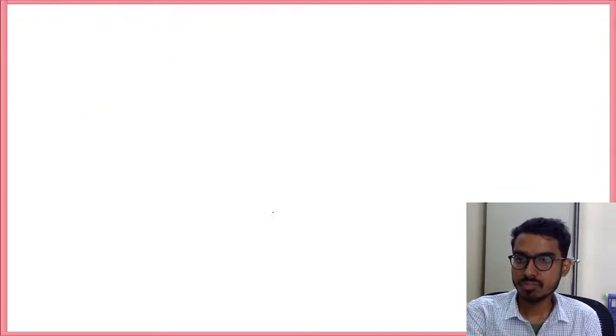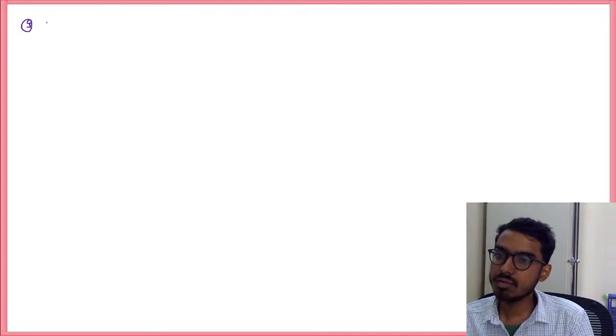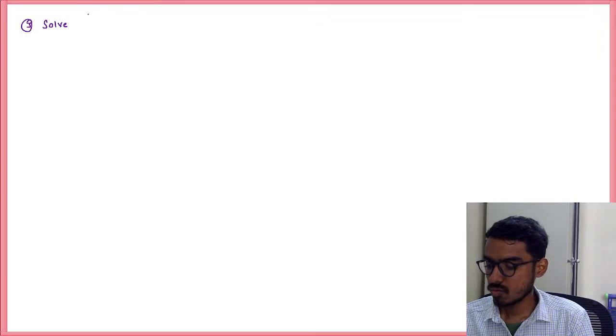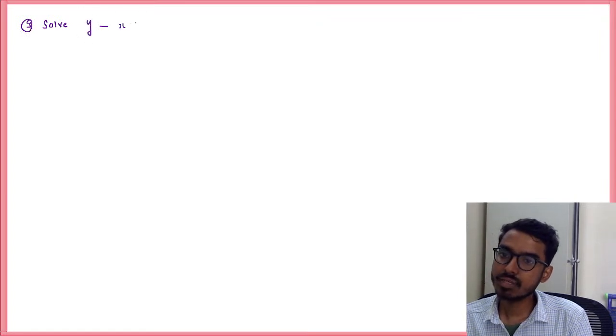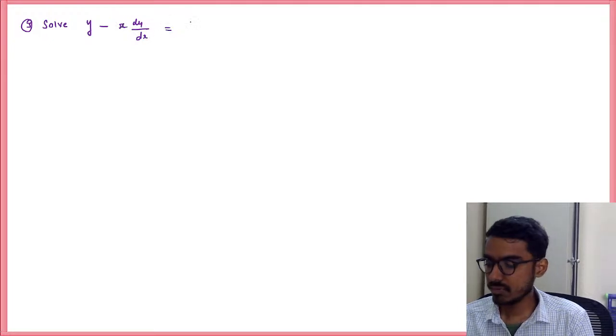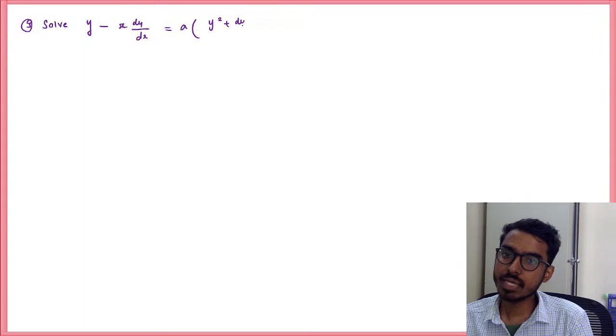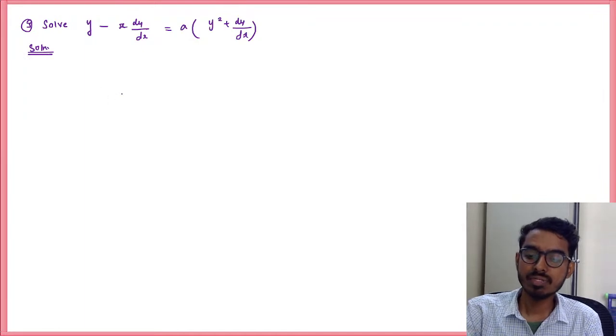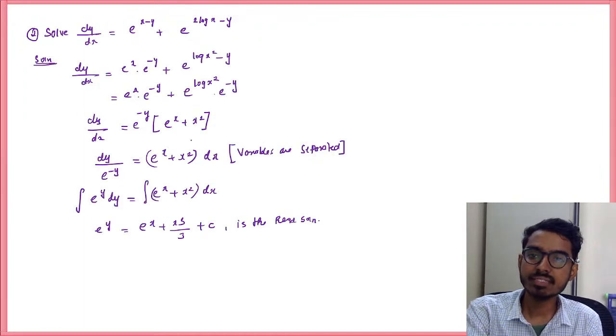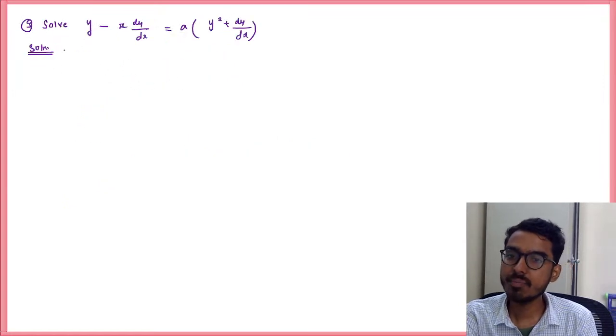Right? On to the third problem. Solve y minus x into dy by dx is equal to a into y square plus dy by dx. All the problems we are going to solve only by variable separable. That means we can separate x and dx to one side and y and dy to the other side.